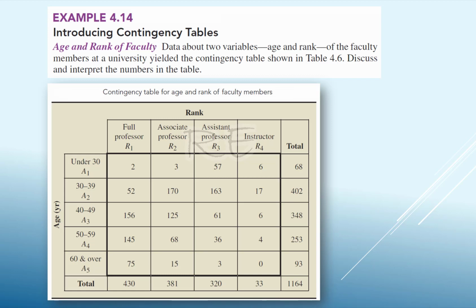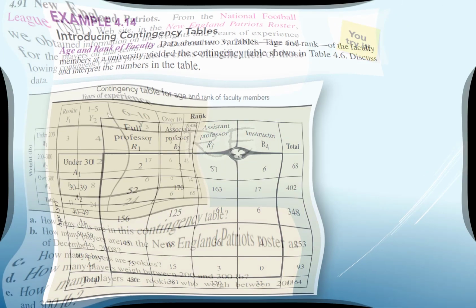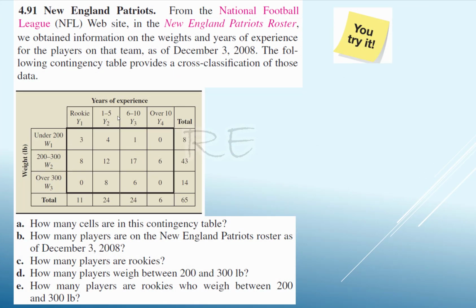And the number of full-time professors that are 60 or over, A5 and R1, is 75. Now, let's answer some of the questions about this contingency table.